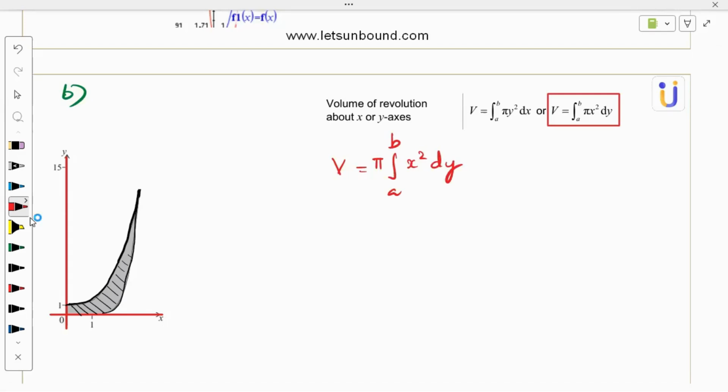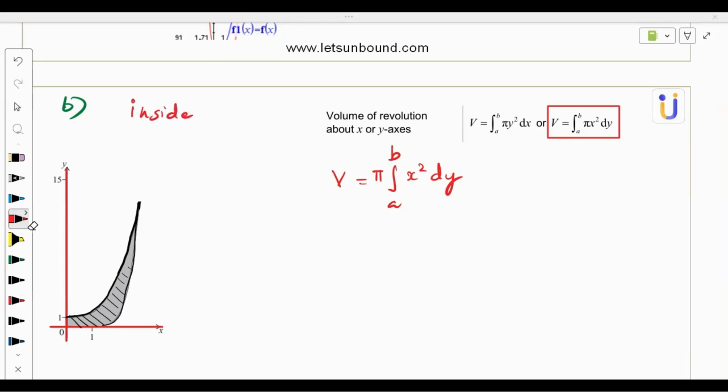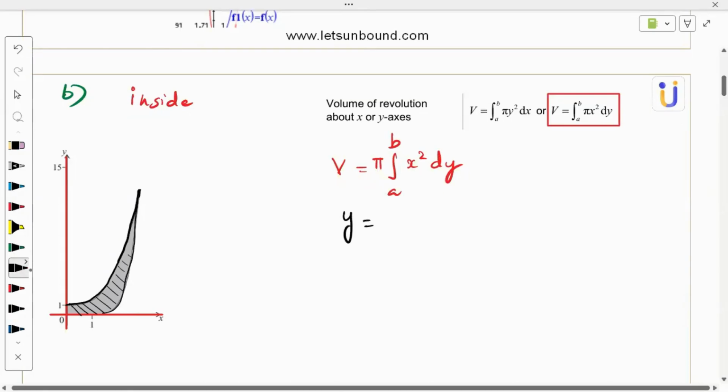Since they are asking how much the glass can hold, you take the inner surface function. f of x is nothing but y, which is half x cubed plus 1, correct?